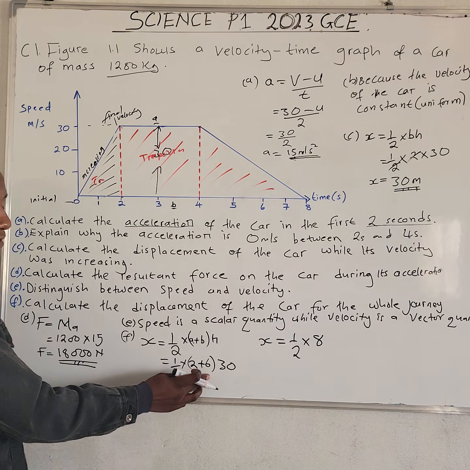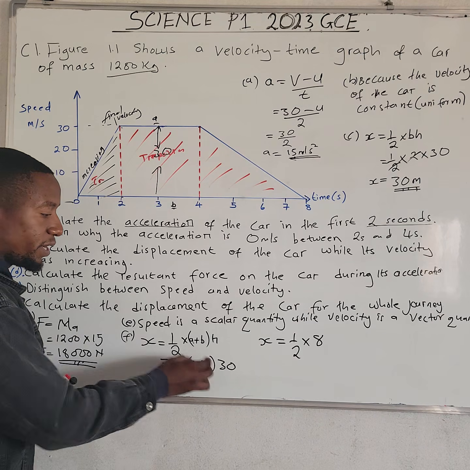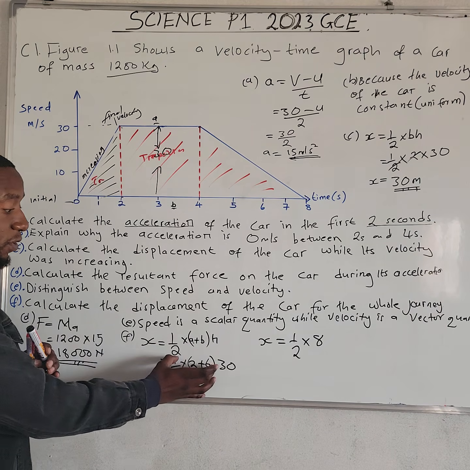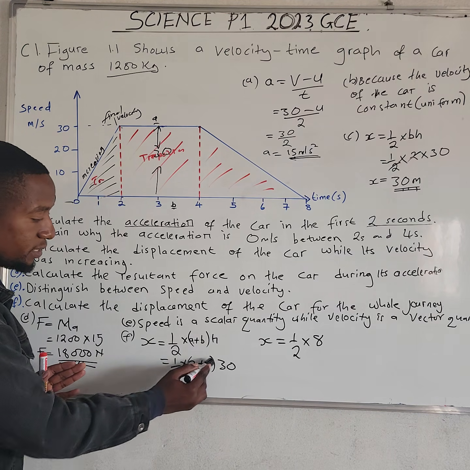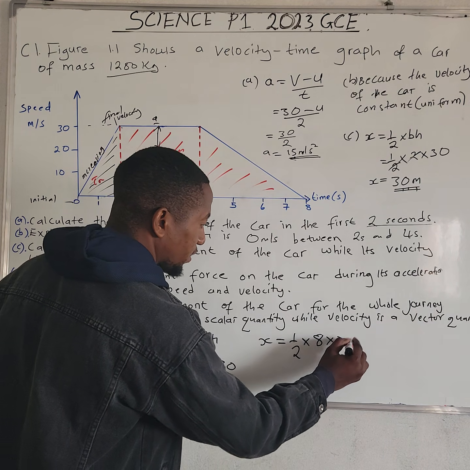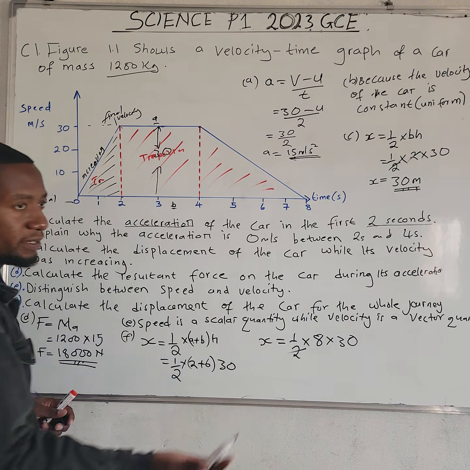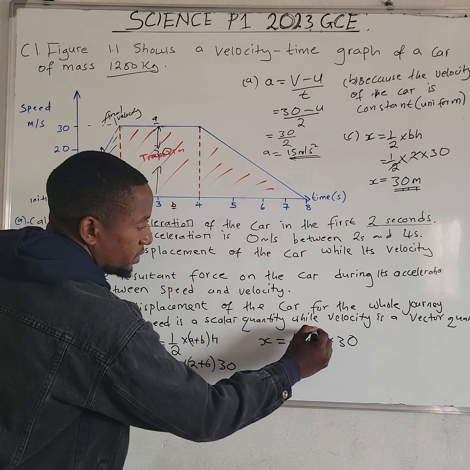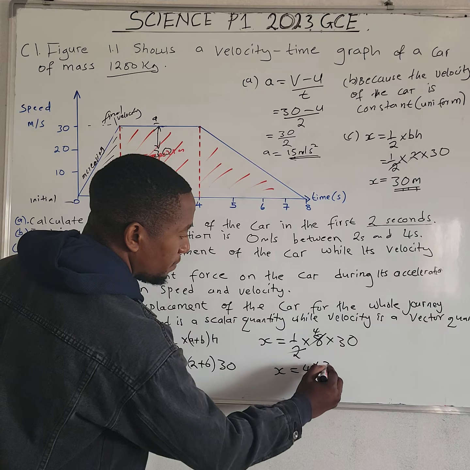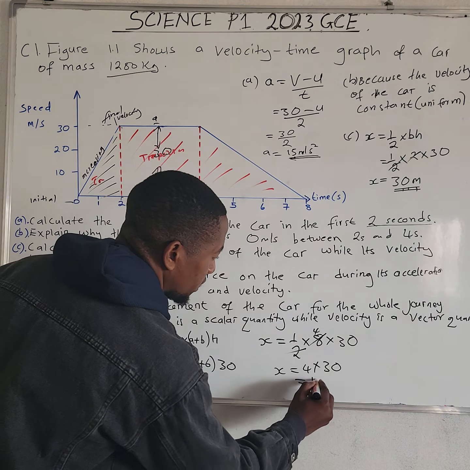Always remember, first you work out the things in brackets, following BODMAS. So half of 8 is 4, and x is 4 multiplied by 30, which is 120 meters.